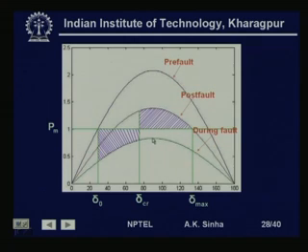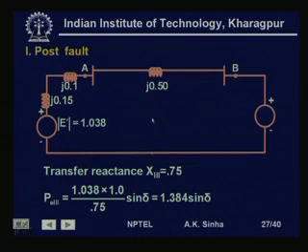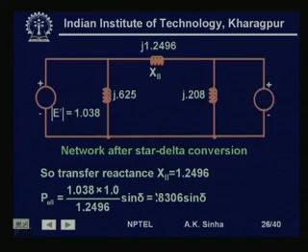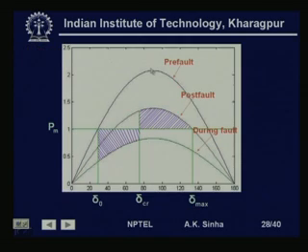So, this is P max 0.8306, this is 1.384, and the initial one is 2.076. So, 2.076 is the maximum power here. So, we get these three characteristics.